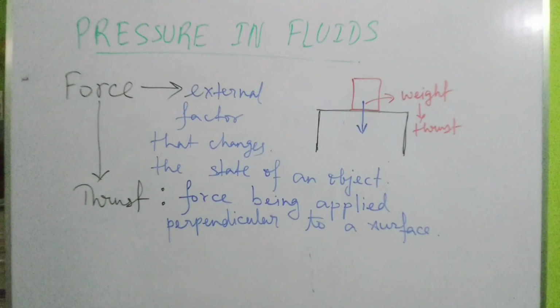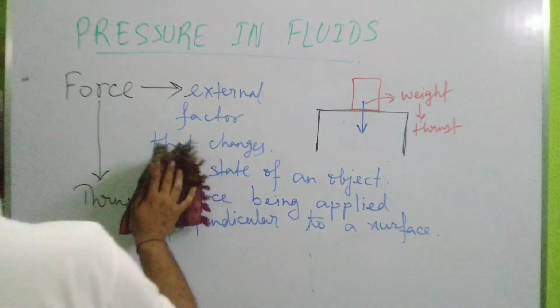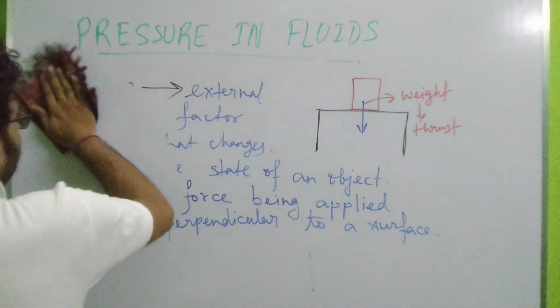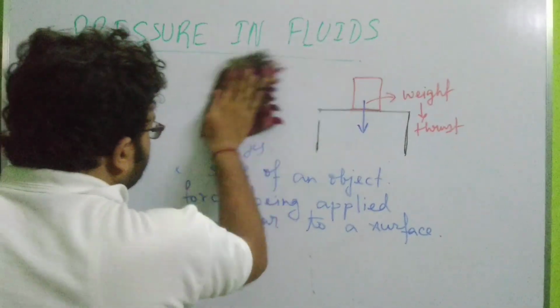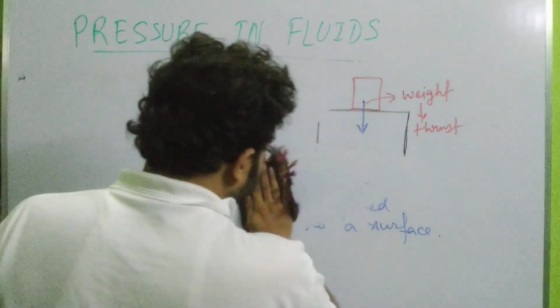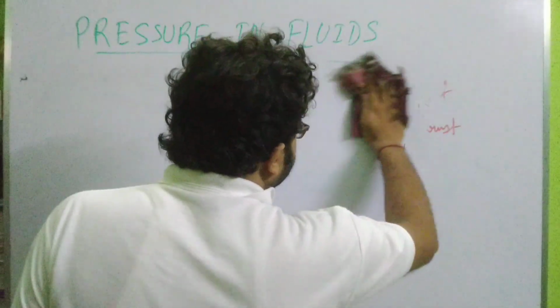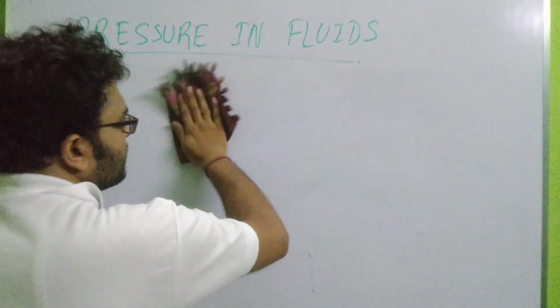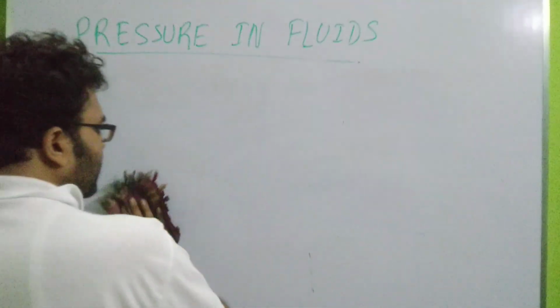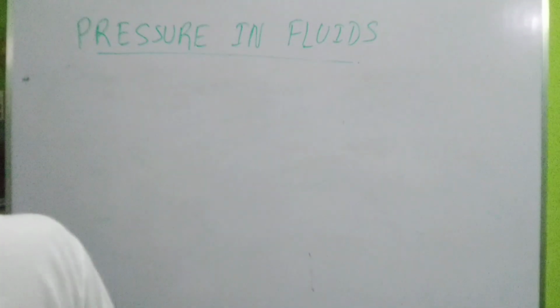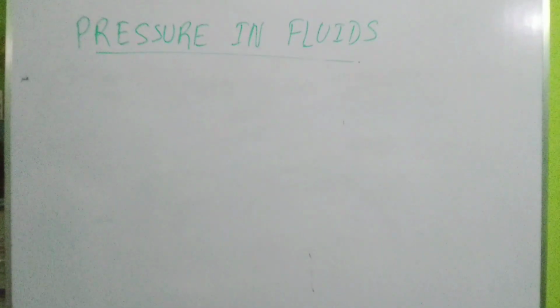Now, how can we define pressure? I think the concept of thrust is clear. Next is, how can we define pressure, or what is actually pressure? Obviously pressure is also a physical quantity. Now imagine it like this: when you are considering the effect of thrust, consider a thrust of 10 Newton.